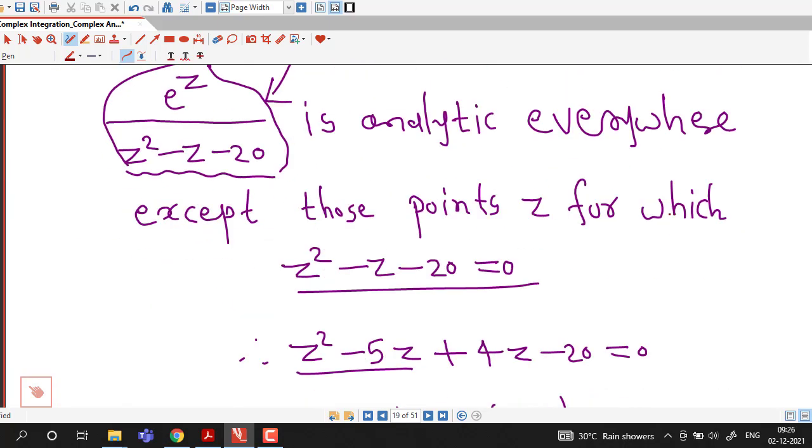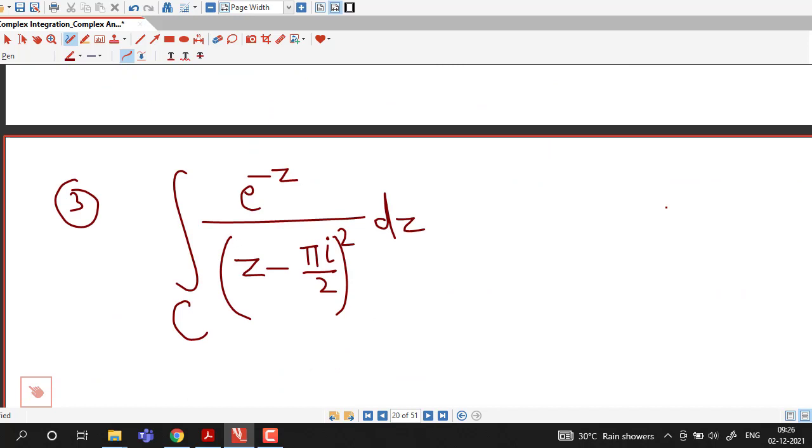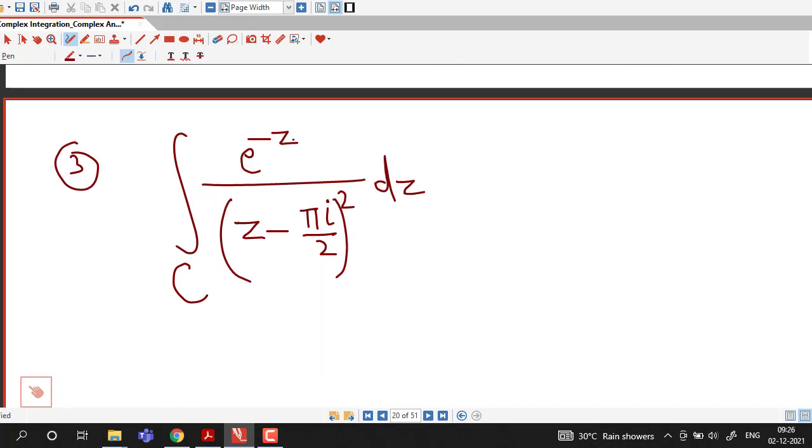So here also it is obvious that this function e raised to minus z is an entire function, it is analytic everywhere. Z minus pi I by 2 whole square is also analytic everywhere because it is a polynomial function. So this function is not analytic at those points at which this denominator becomes 0. So z minus pi I by 2 becomes 0 if z equal to pi I by 2.